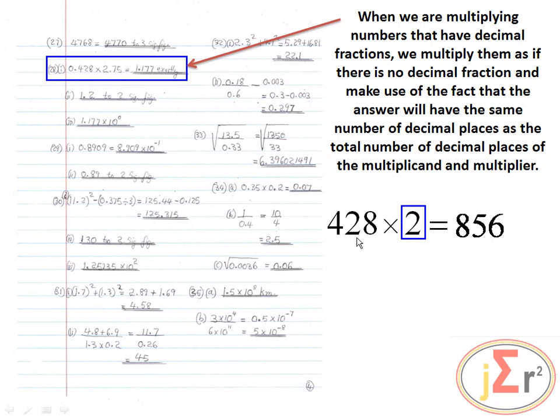Or we may even go a little bit further: 8 times 7, and that's equal to 56.